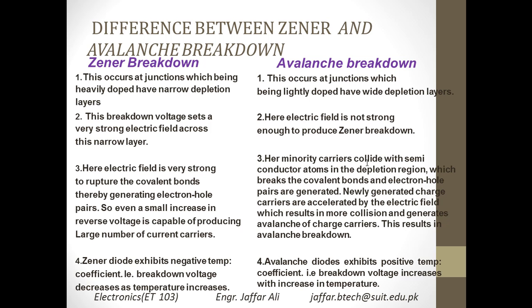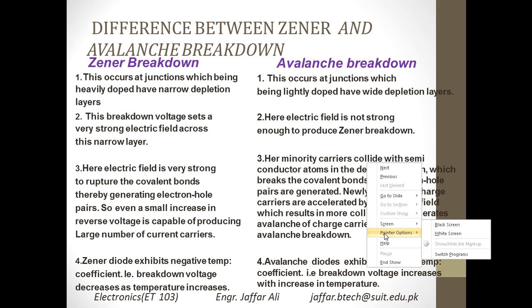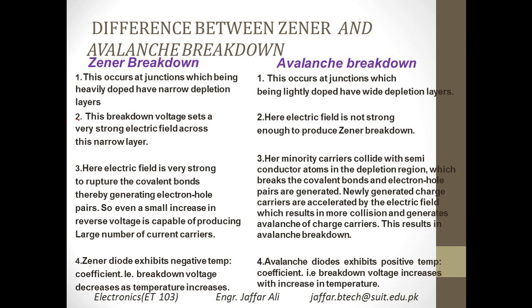Let's see the difference between the avalanche and Zener breakdown regions. Zener breakdown occurs at junctions that are heavily doped and have narrow depletion layers. On the opposite, the avalanche effect occurs when the junctions are lightly doped and there is a high width of the depletion region between the layers.